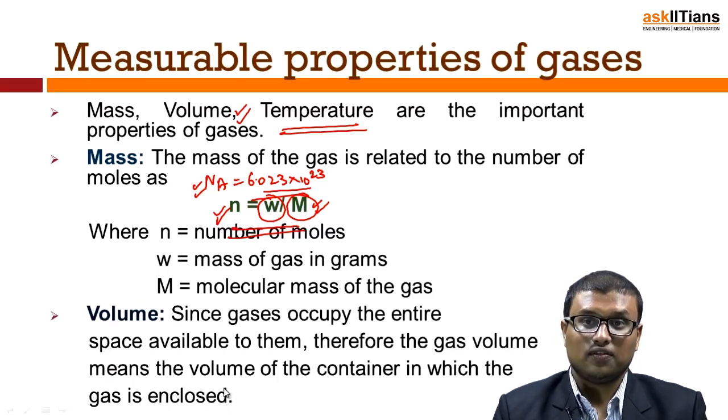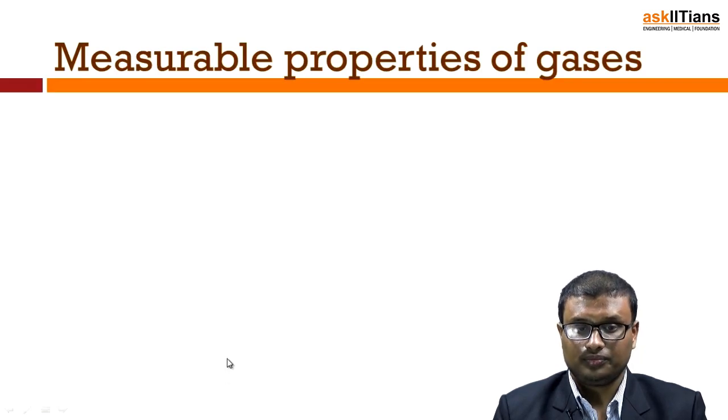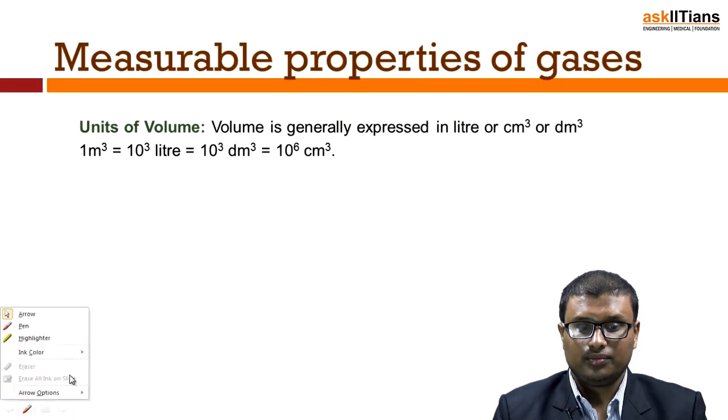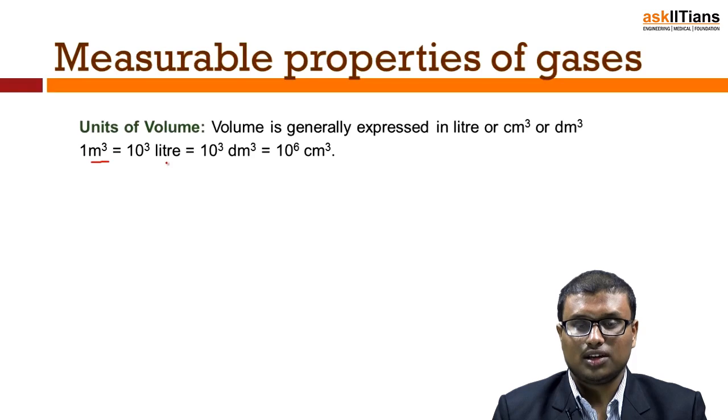Now, what are the different units of volume? You can see there are different units. The same volume is expressed in meter cube, in liter, in decimeter cube, and in centimeter cube.